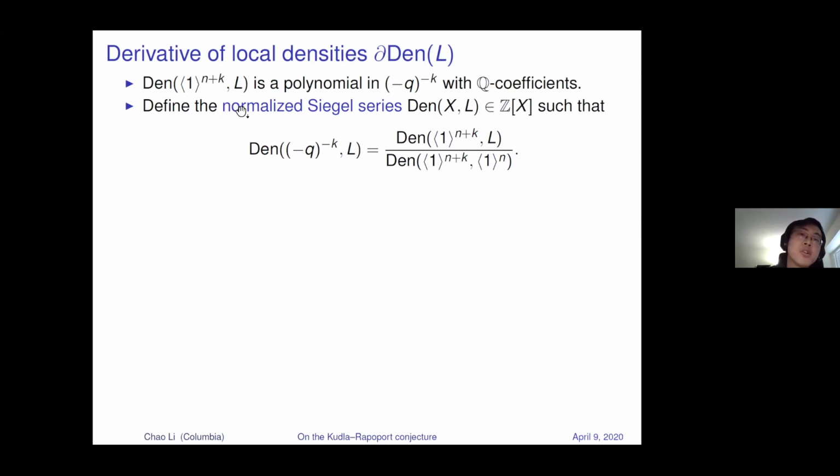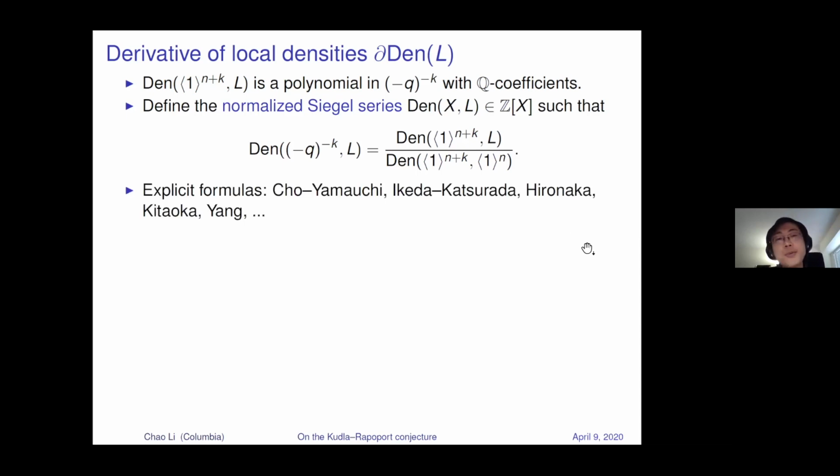It's called the normalized Siegel series, and it plays a central role in computing the Fourier coefficients of Siegel-Eisenstein series. Therefore, there is a vast literature on computing explicit formulas for these normalized Siegel series. Especially the recent work of Cho and Yamauchi is particularly useful for us.